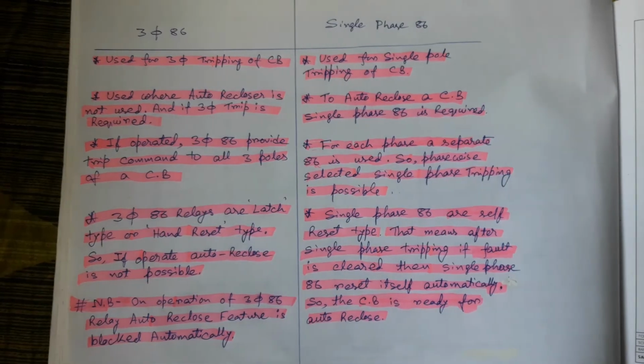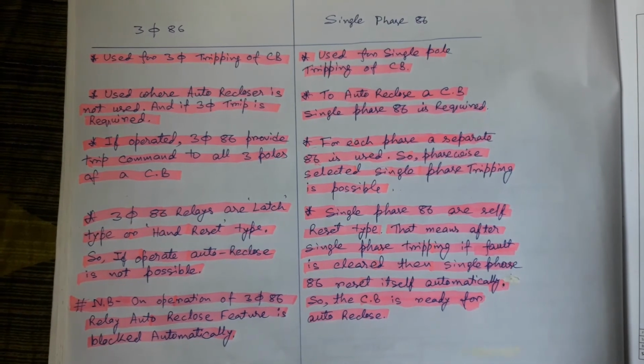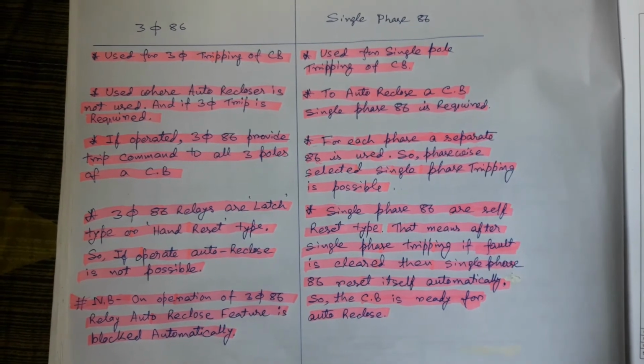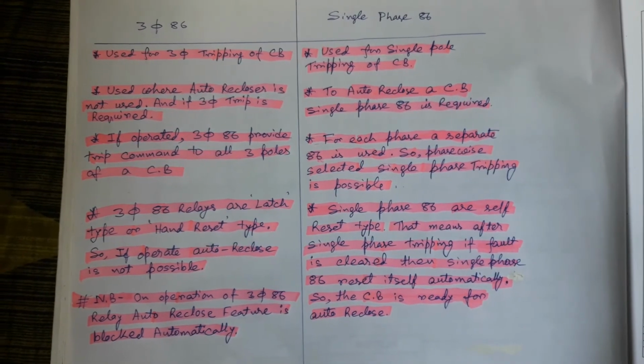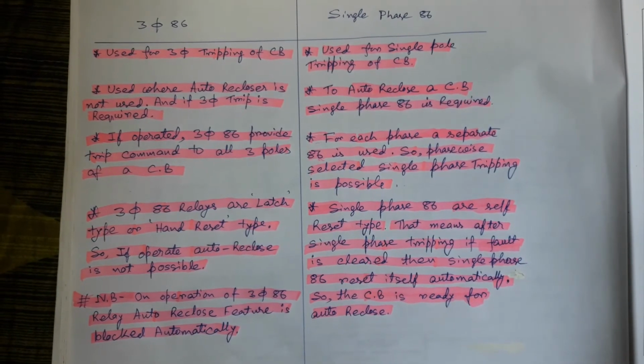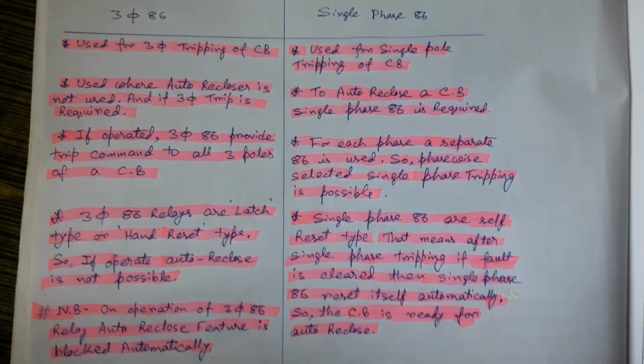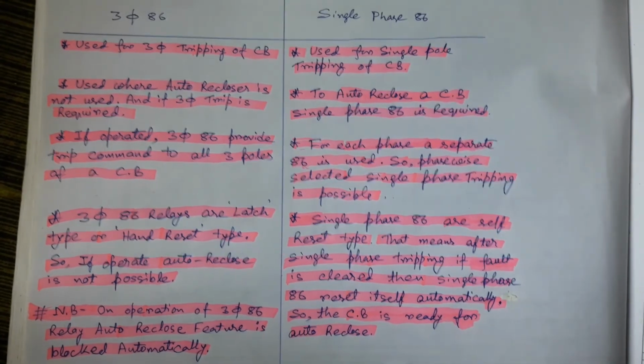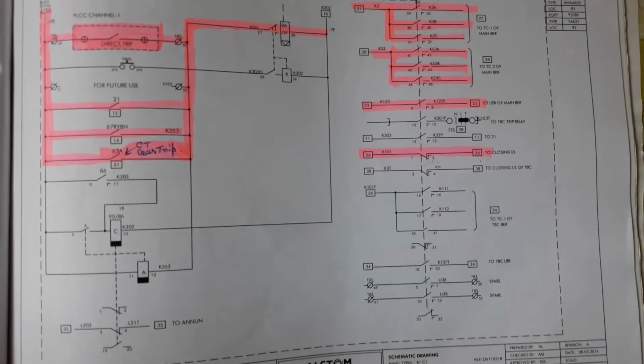Operation of three-phase 86 relay means any severe fault occurs in the circuit, so auto reclose facility is disabled automatically. So these are the main differences of single phase and three phase 86 relay.